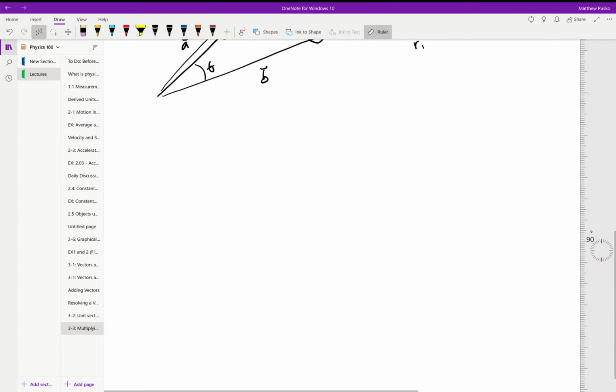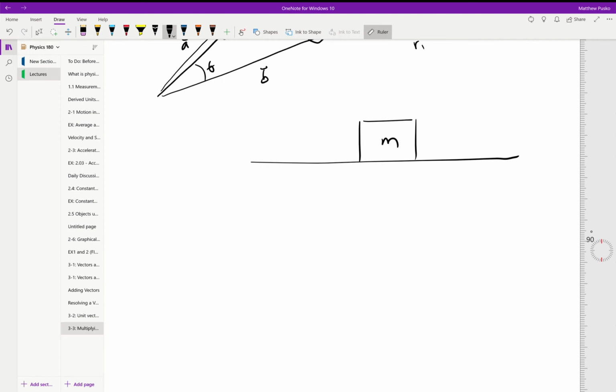Well, imagine a block with some mass, and it's confined to only move on the surface in the x direction. So it's moving in this direction. And the reason it's moving, we'll work lots with this, I just want to give you an example, is because some force is being applied. That force is not being applied in the same exact direction as the displacement, however.